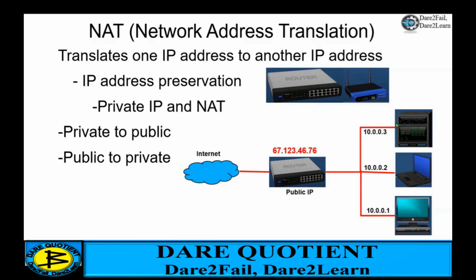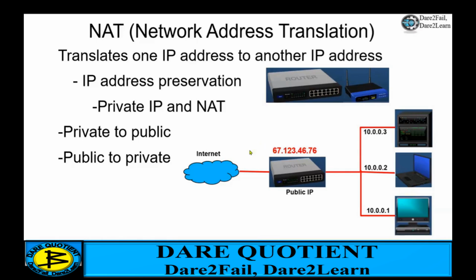That scheme helps protect this network. Now, let's say the first device wants to reach the internet. Once this device tries to reach the internet, its IP address, 10.0.0.3, is converted by the router to 67.123.46.76.